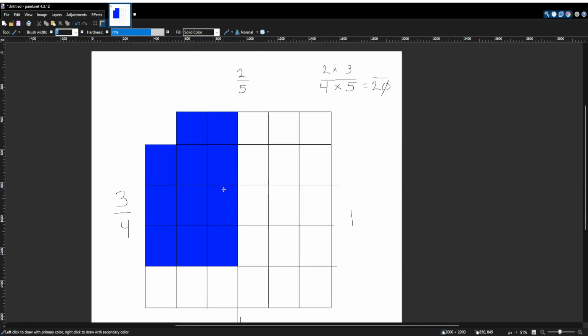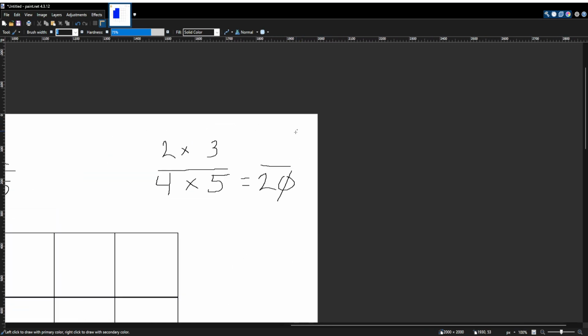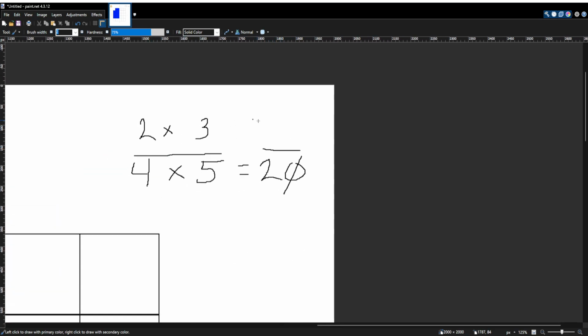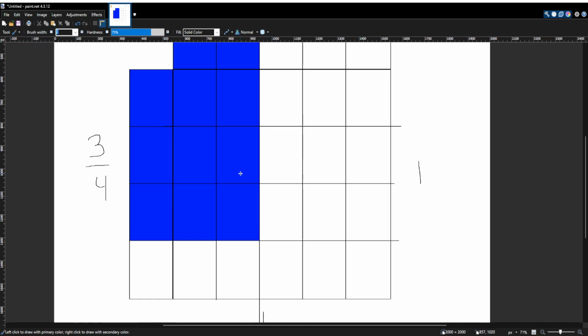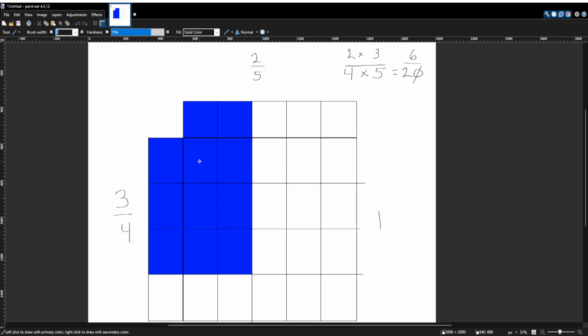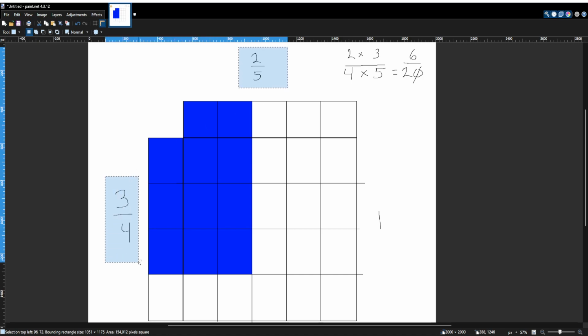And so we see we have an area of 6. And if we multiply that, that's 6 going here, and so we have 6/20 is the area of the rectangle represented here in blue after multiplying 2/5 and 3/4.